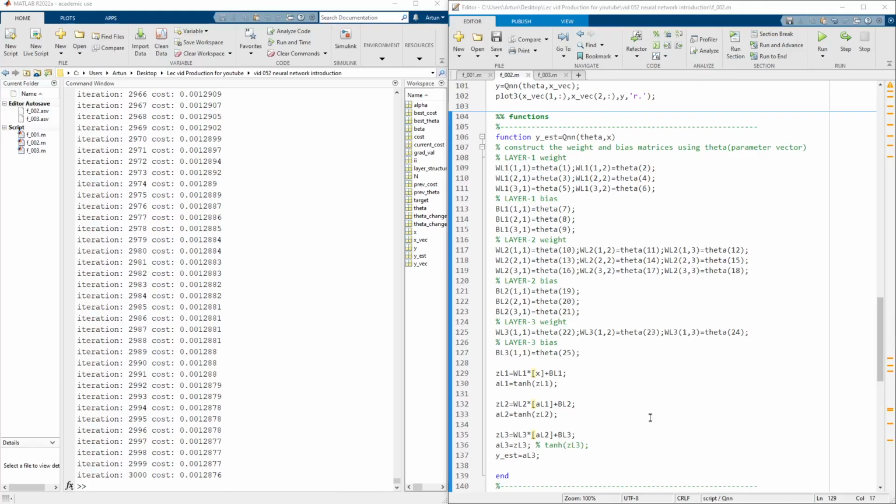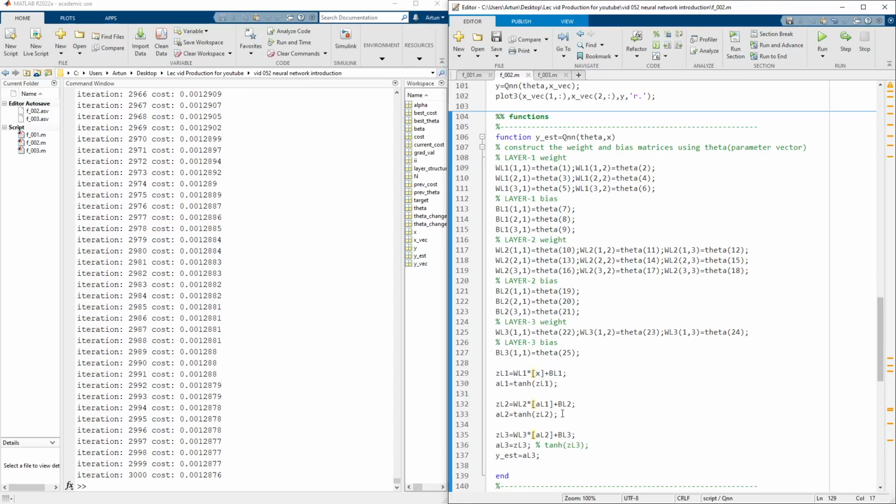Here, x times weight, and we add bias to that, and we have the z term of that layer, and then by using the activation function we have the a value of that layer. This is layer 1, and since this is layer 1, the input of that layer is x, the input of the whole system.